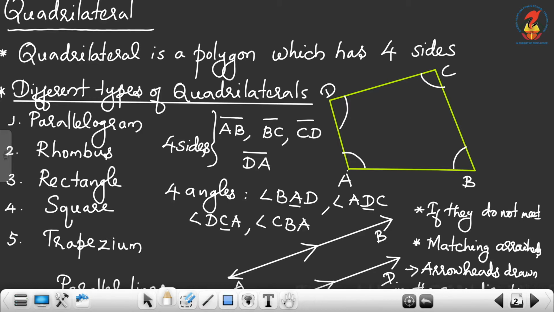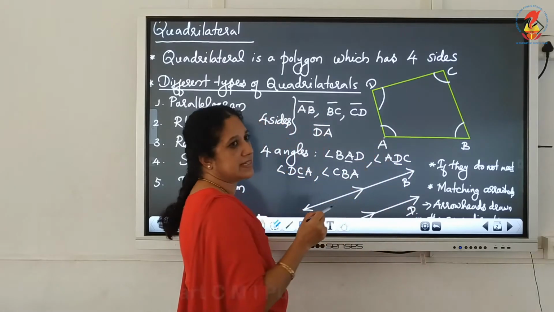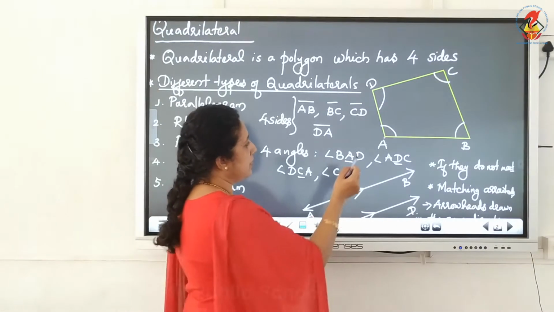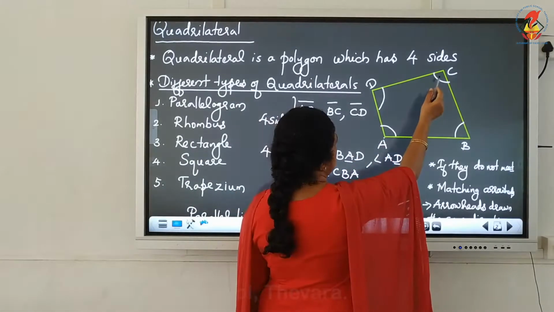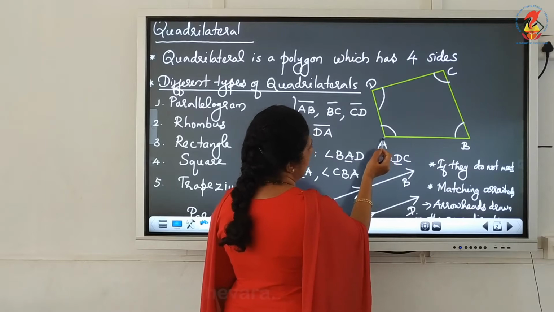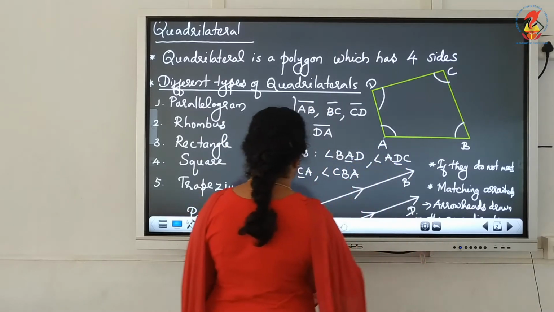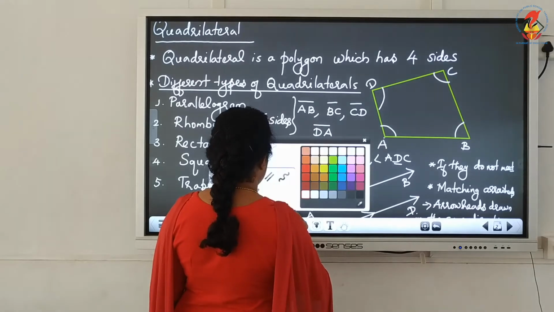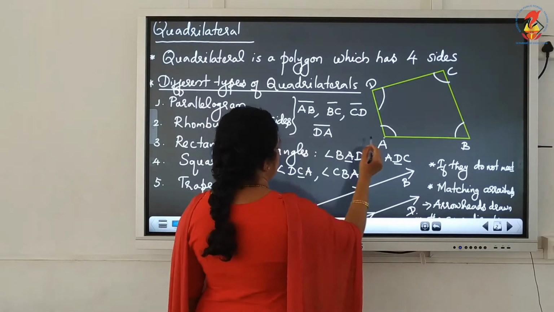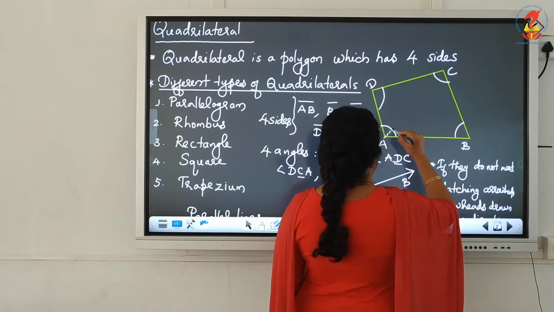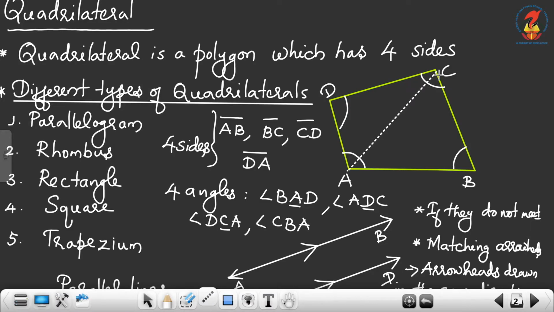And when you join the opposite vertices, that means if you join A and C, you will get the diagonal. So when you join the opposite vertices, the diagonal is formed. If you join A and C, we will get one diagonal.